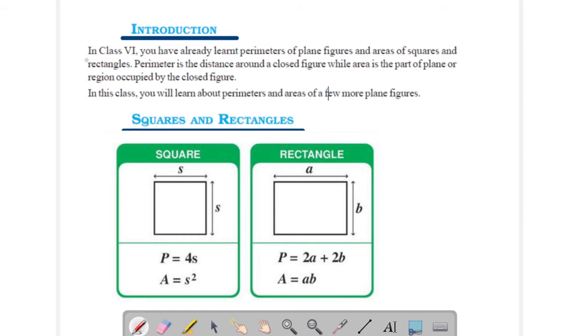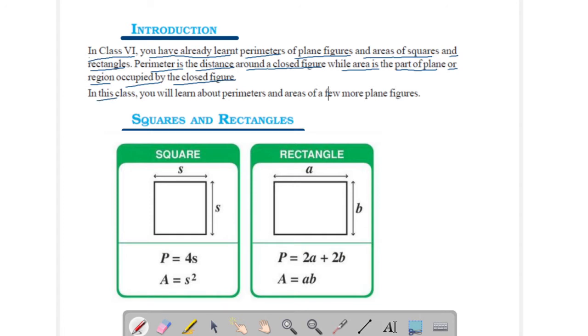In class 6, we have already learned perimeter of plane figure and area of squares and rectangles. Perimeter is the distance around a closed figure, while area is the part of plane or region occupied by the closed figure.